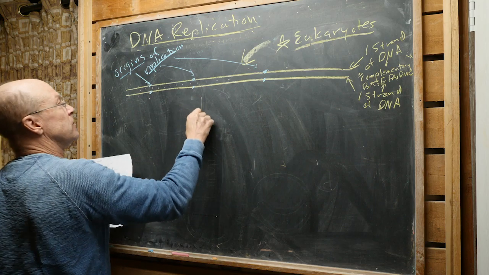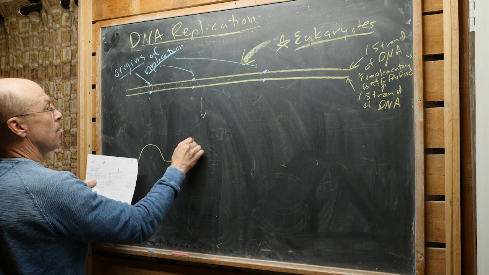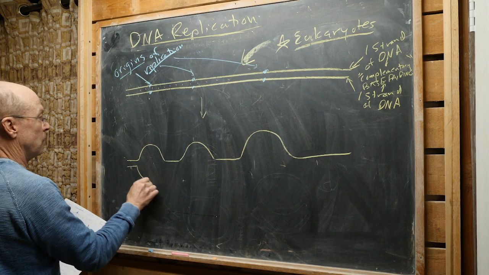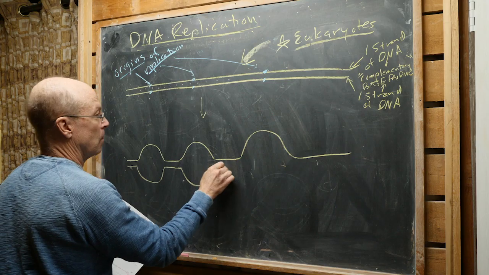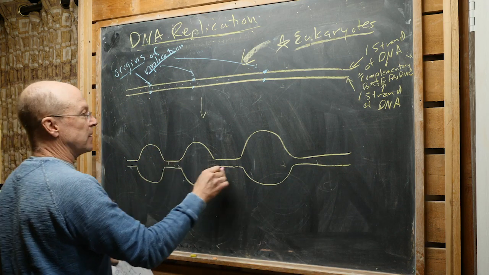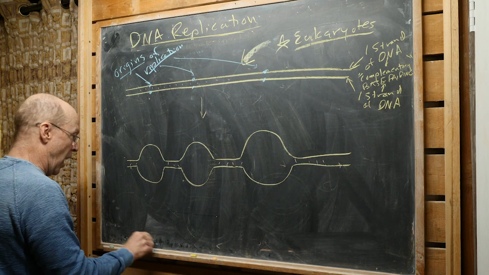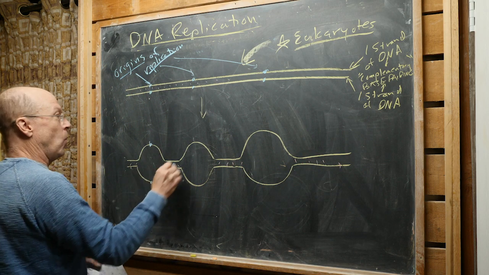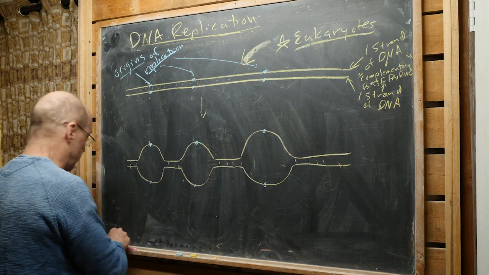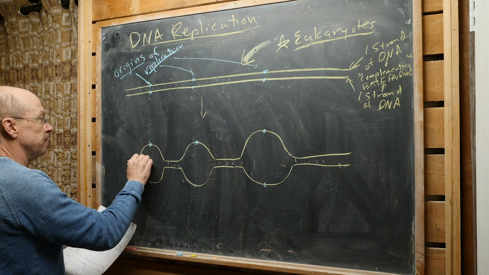Over the course of time, we're going to see, so we still have our intact, hydrogen bondings, double-stranded bits here. We're going to identify the origins as we did before. They're there, they're there, and then I'll use this green chalk to show you that we've got this going here.